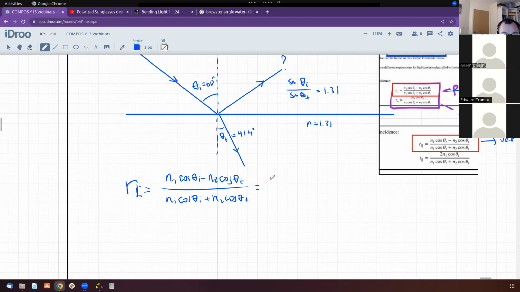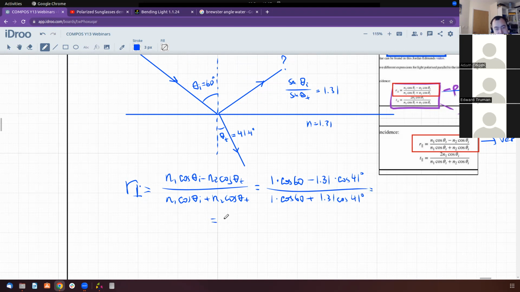So N1 is going to be 1, multiplied by cos 60, minus 1.31 multiplied by cos 41. Let's keep it simple, just 41 for now. Divided by 1 multiplied by cos 60 plus 1.31 multiplied by cos 41.